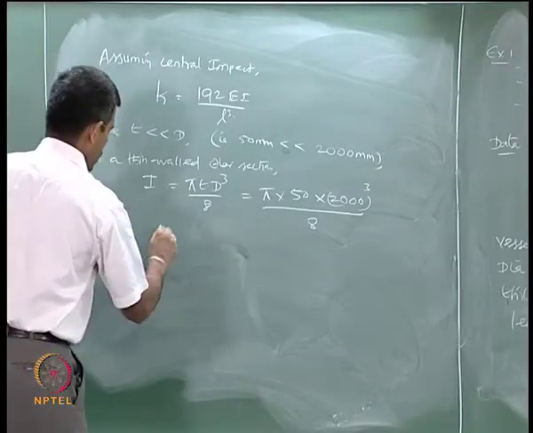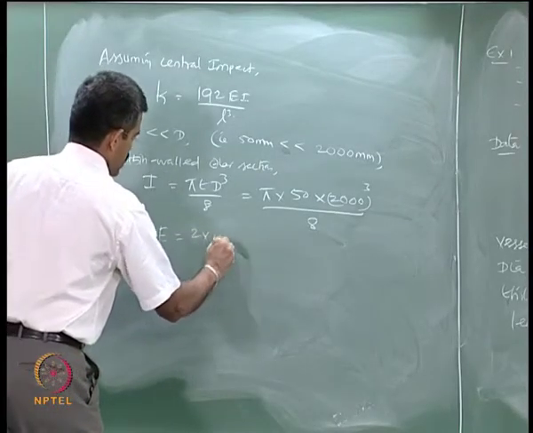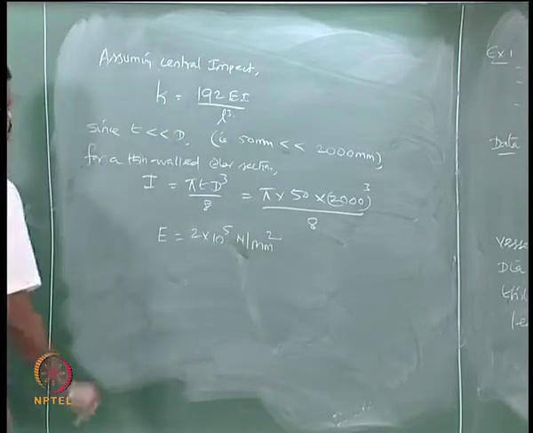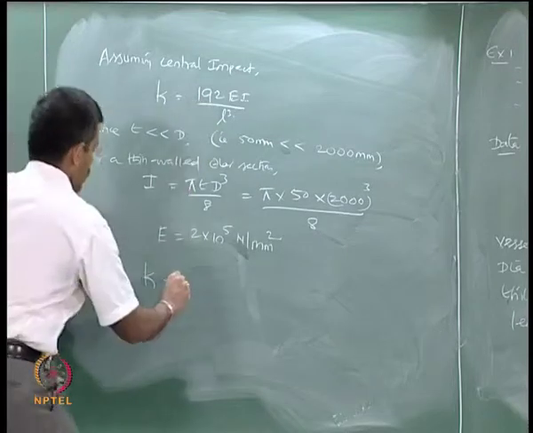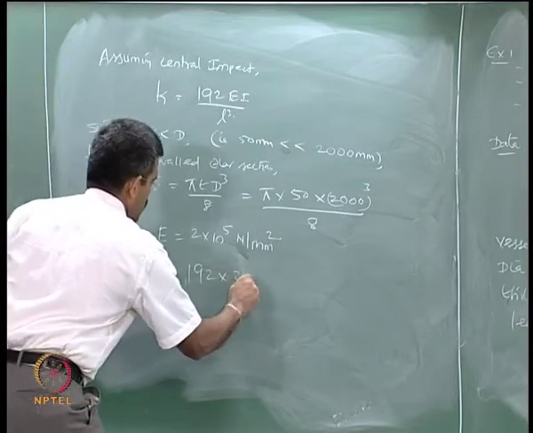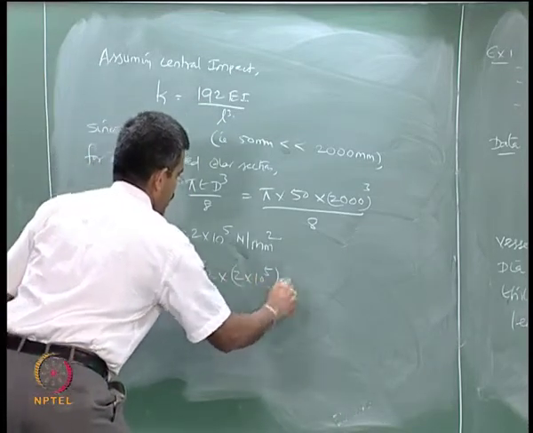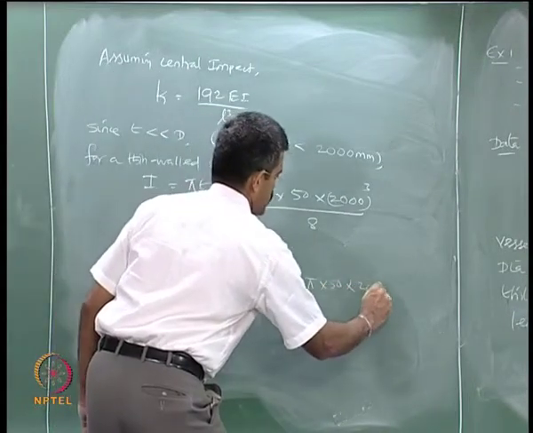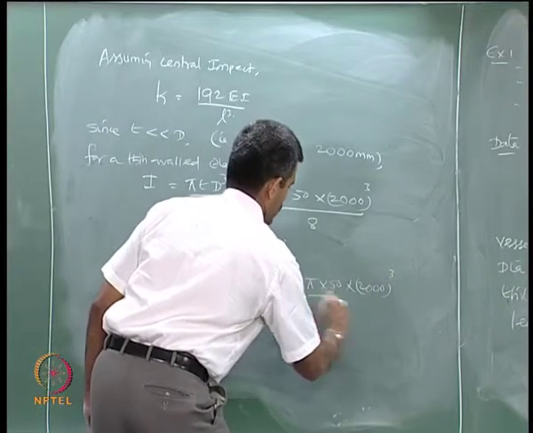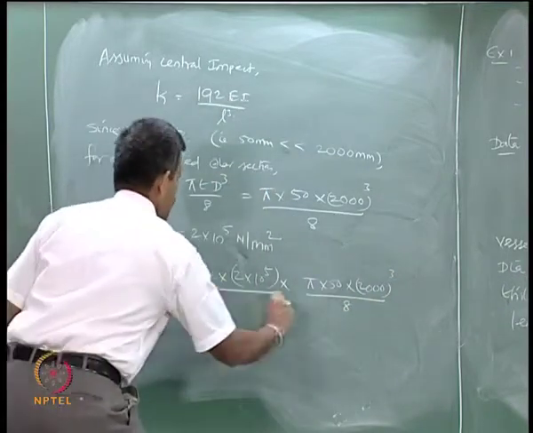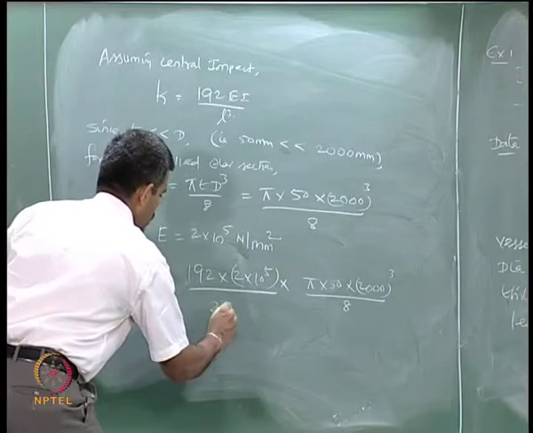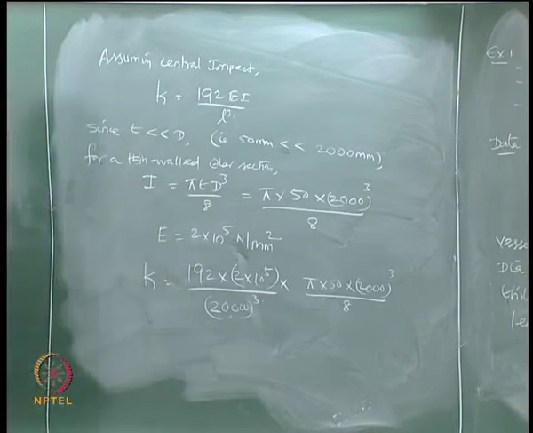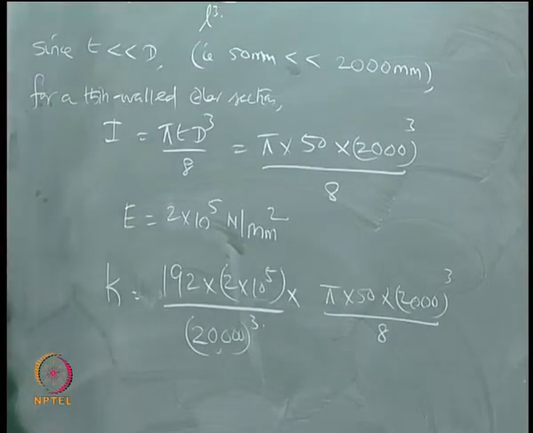And of course, E for steel is taken as 2 into 10 power 5. I can straight away find the stiffness: 192 into 2 into 10 power 5 into pi into 50 into 2000 cube by 8, divided by L cube, that is 20,000 cube. L is 20 meters.